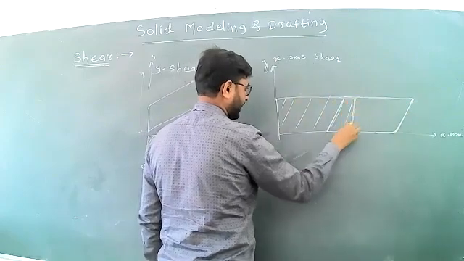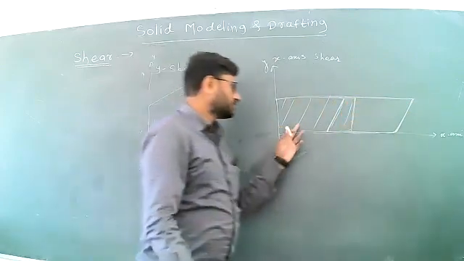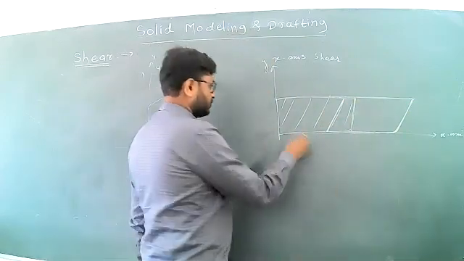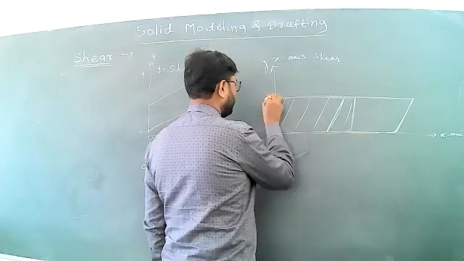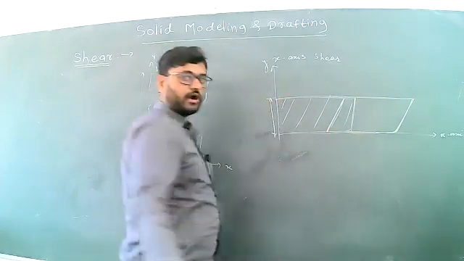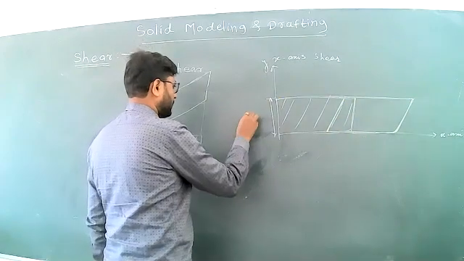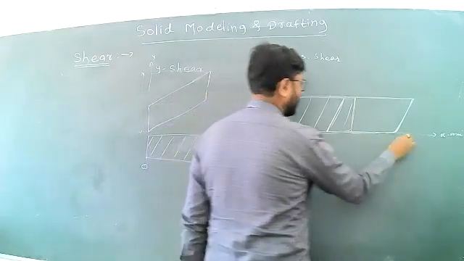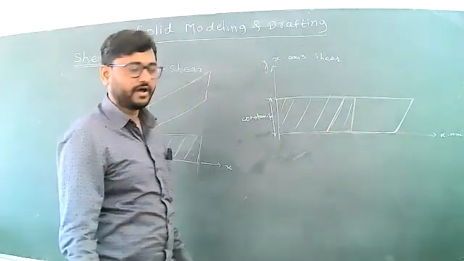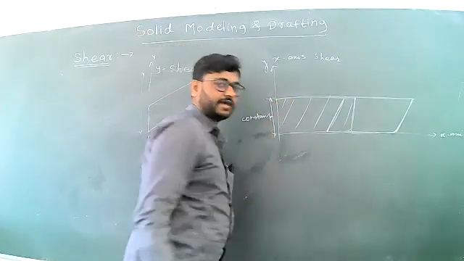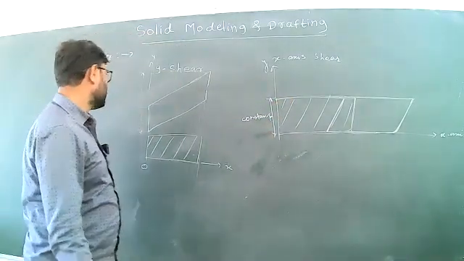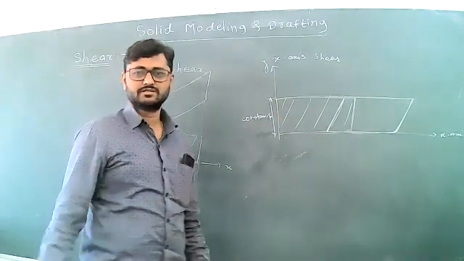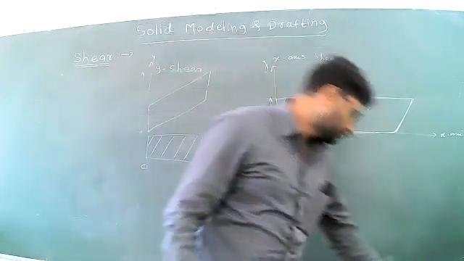Suppose this rectangle is transformed to a new rectangle by using x-axis shear. In this case, the y distance is constant, and the distance along the x direction varies. That is called x-axis shear. So these are the two important types of shear: x-axis shear and y-axis shear.